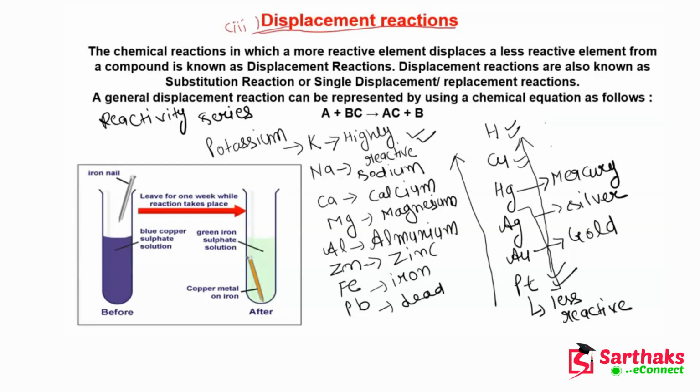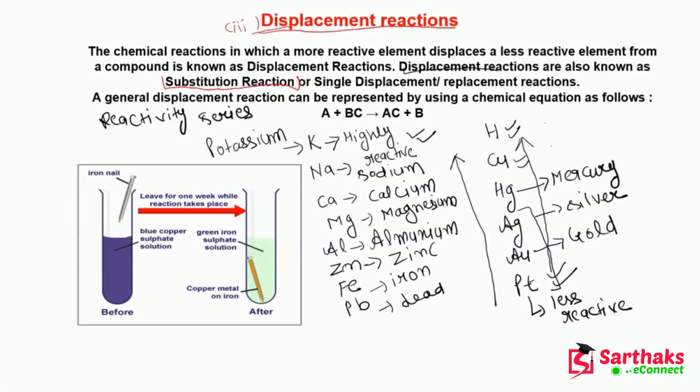Now let's come to the point and talk about what a displacement reaction is. The chemical reaction in which a more reactive element displaces a less reactive element from a compound is known as a displacement reaction. These reactions are also known as substitution reactions.